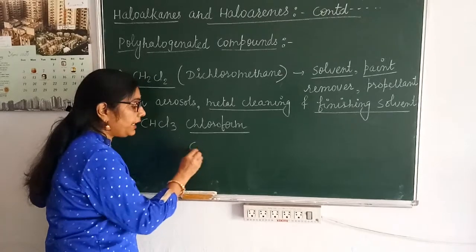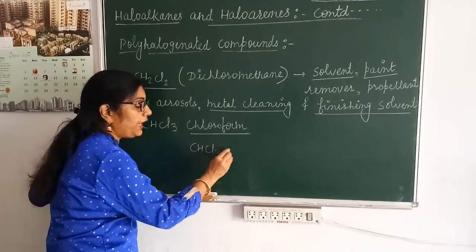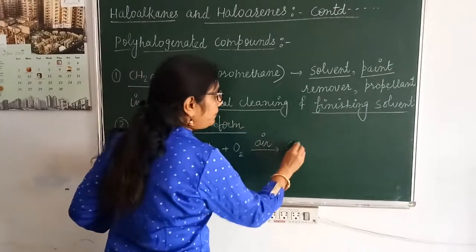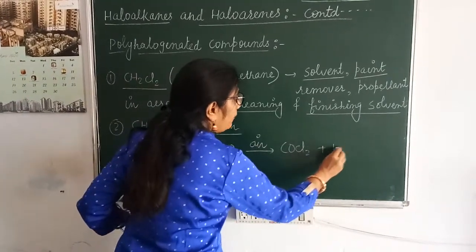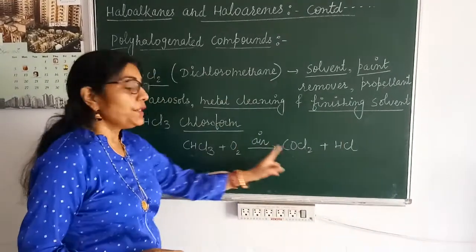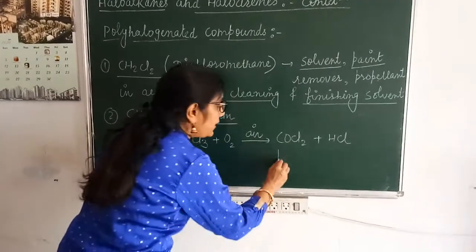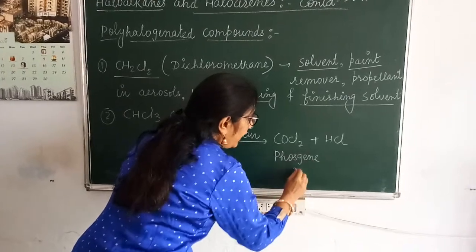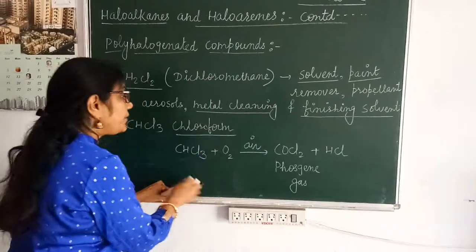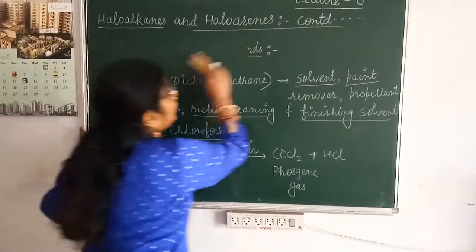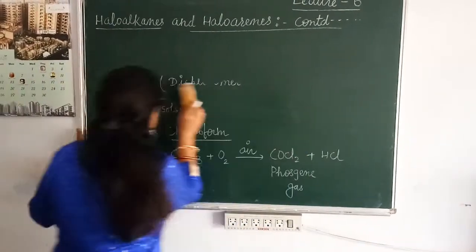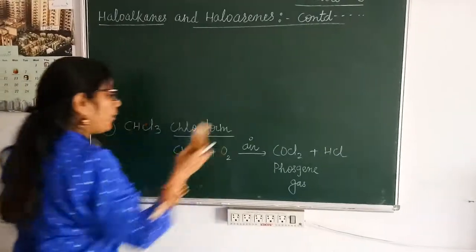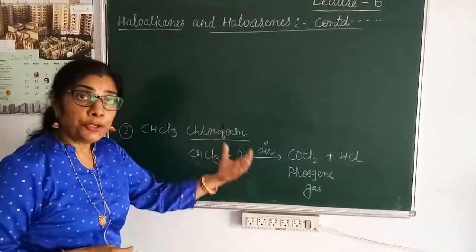What is the side effect? When it is exposed to air, it forms a very poisonous gas, COCl2. Which gas is it? Phosgene. This is a very poisonous gas, so it has a side effect, but we can prevent the formation of phosgene gas. How can we do that?